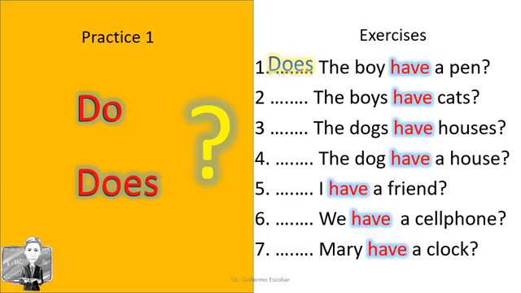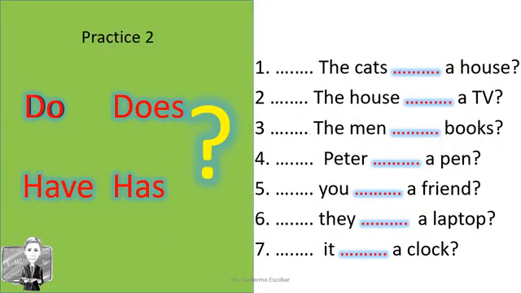Does the boy have a pen? 2. Do the boys have cats? 3. Do the dogs have houses? 4. Does the dog have a house? 5. Do I have a friend? 6. Do we have a cell phone? 7. Does Mary have a clock?